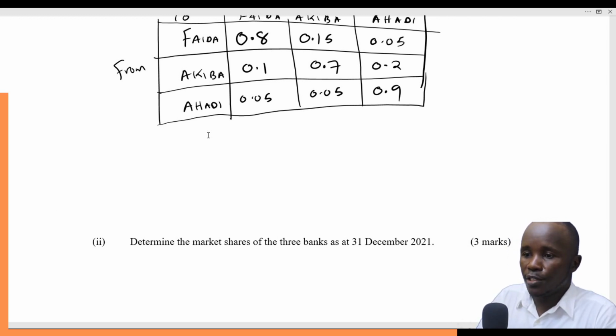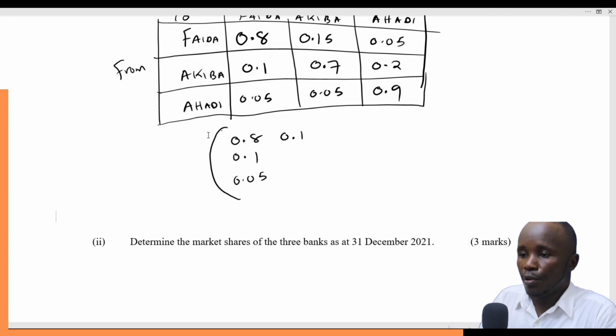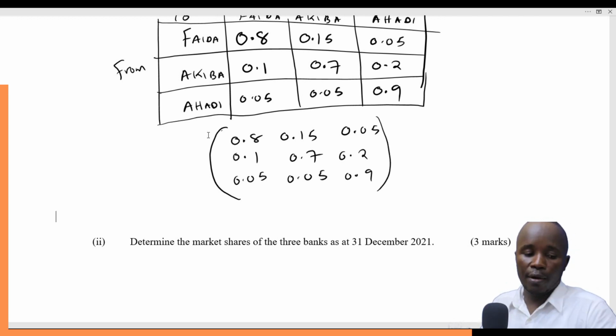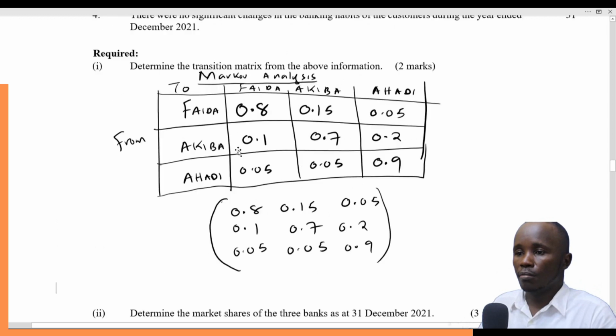So our transition matrix here, we shall have 0.8, 0.1, 0.05, 0.15, 0.7, 0.05. Here we shall have 0.05, 0.2, 0.9. Now this becomes our transition matrix.